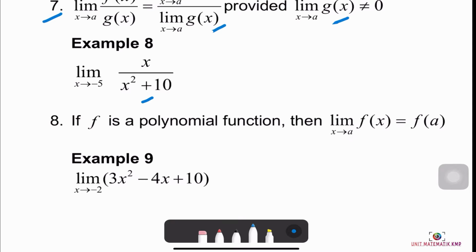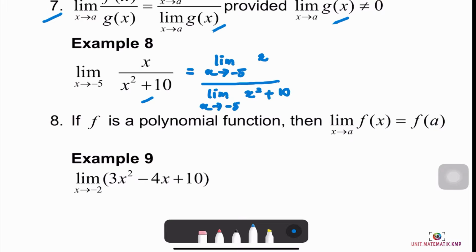I can rewrite this as the limit of x when x approaches minus 5, over the limit of x squared plus 10 when x approaches minus 5.